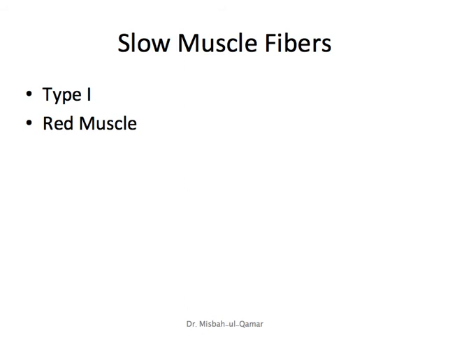These slow muscle fibers are also called type 1 fibers, or you can call them red muscle. Now, these slow muscles have smaller fibers, a more extensive vascular system, and their resistance to fatigue is high.